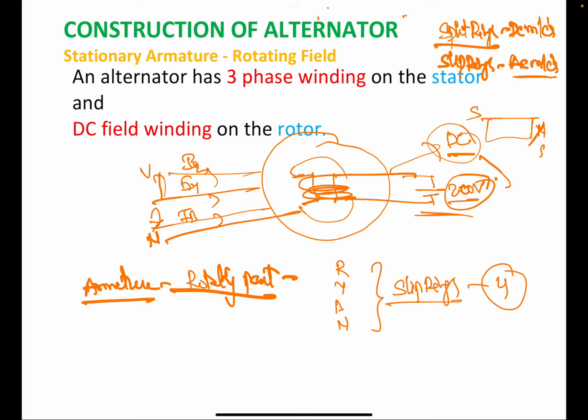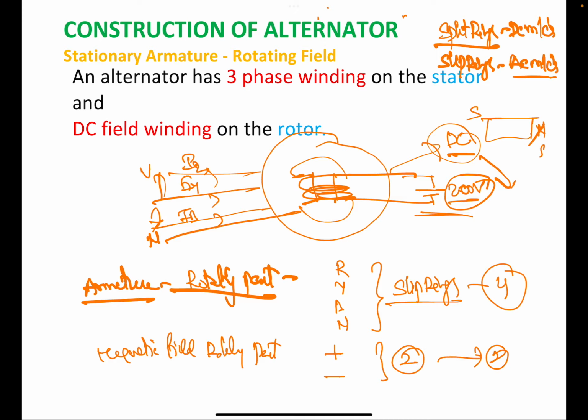How many wires do we require for DC supply? If I assume that magnetic field as the rotating part, we have one positive wire and one negative wire. So total how many wires do we require here? 2. Just 2 is sufficient for us, which is easy. Keeping 4 slip rings or keeping 2 slip rings? 2 slip rings are easy here.